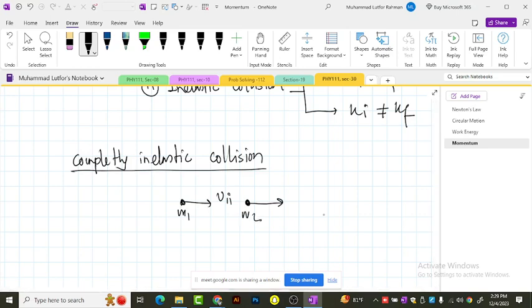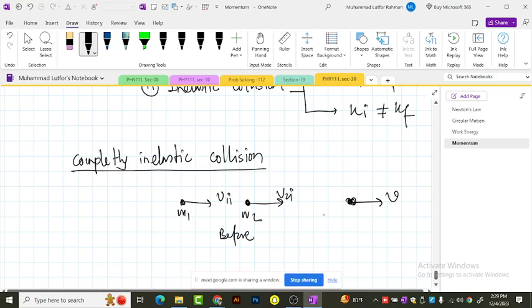Let's say this is m1, m2, this is v2I, this is v after the impact. After the impact they stick together with a common velocity v, with mass m1 plus m2. That type of collision is known as a completely inelastic collision.